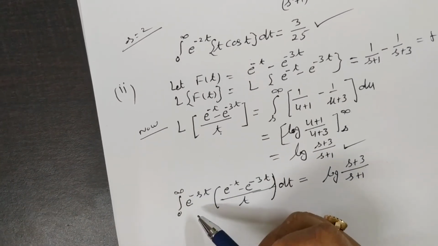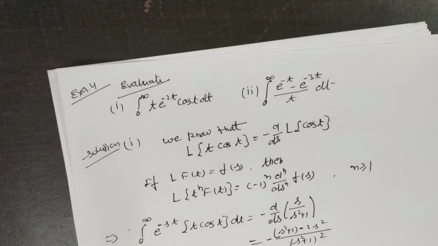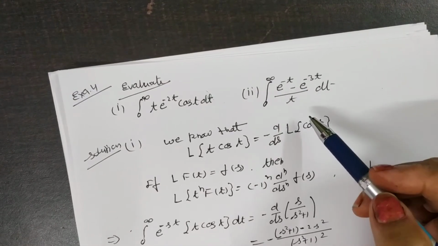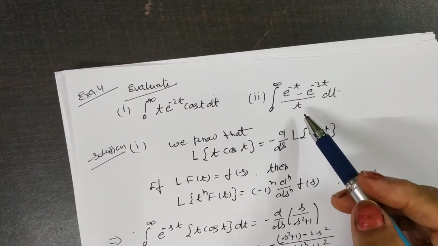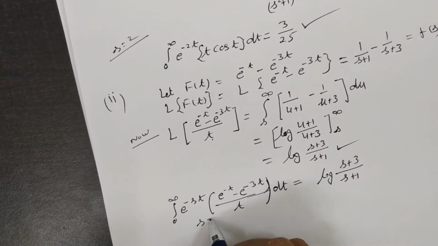Now, in your question, there is no e to the power minus st, so you substitute s equal to 0.